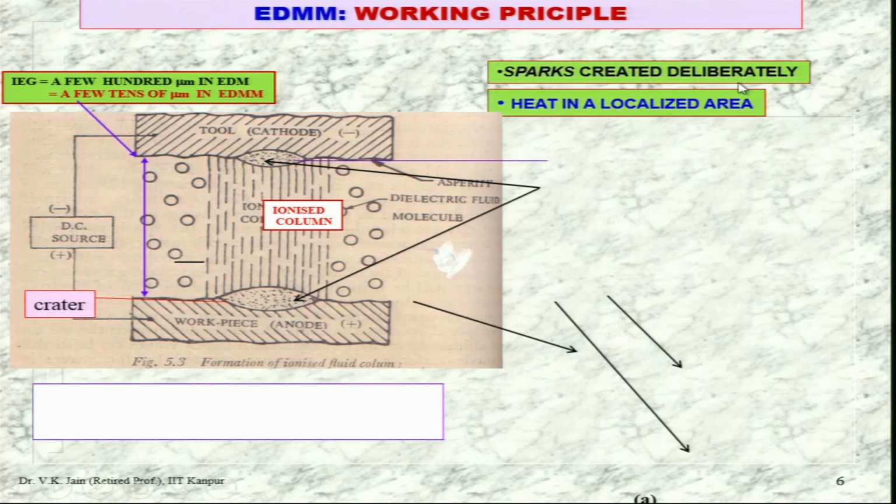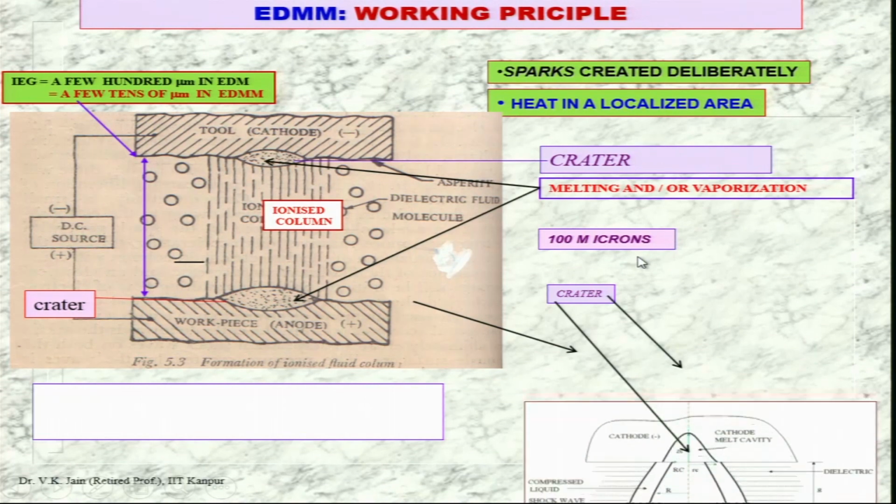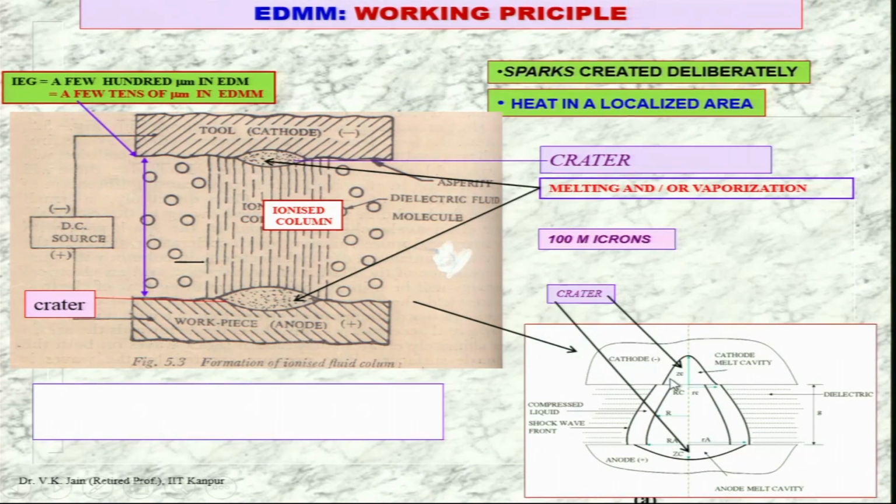Sparks create deliberate heat in a localized area that depends upon the diameter of the ion column or the spark column. You can see the crater over here. Melting and or vaporization is the main mechanism of removal of material in case of EDM and EDMM. 100 microns of inter-electrode gap is there in EDM and few tens of micron of inter-electrode gap in case of EDMM process, and you can see this in this schematic diagram.